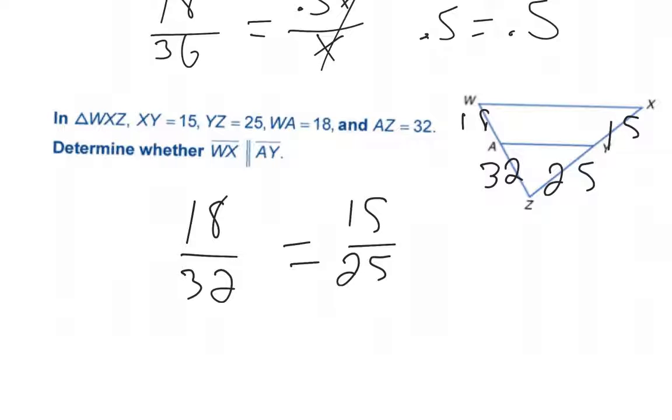Are those equal? You can either do the fraction or you can cross multiply. 18 divided by 32 is 0.5625. 15 divided by 25 is 0.6. So are those lines parallel? No.